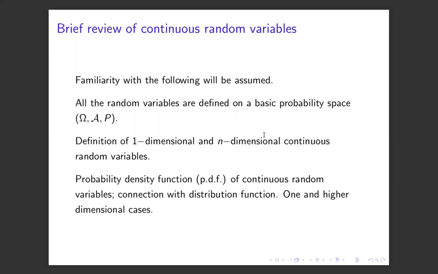So certain things we will assume that you are already quite familiar with. That is the definition of one-dimensional and n-dimensional continuous random variables and the corresponding probability density functions. And also the connections with distribution functions, whether it is one dimension or higher dimension.